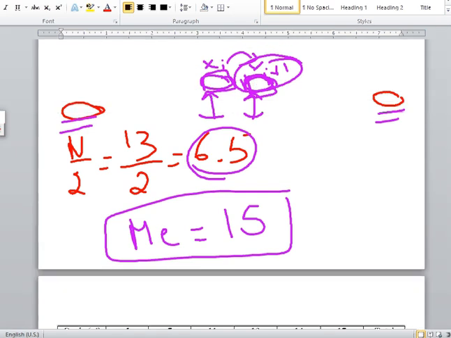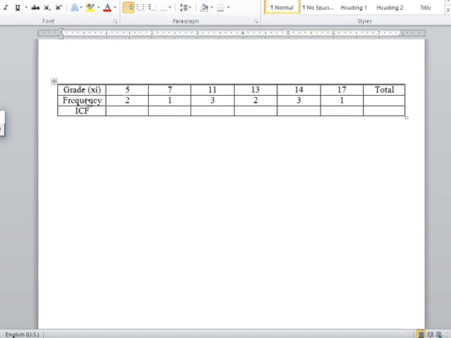So let's say these are my grades, the frequency of each one. Let's find the total frequency here, add them up, you will get 12. So this is my total frequency.